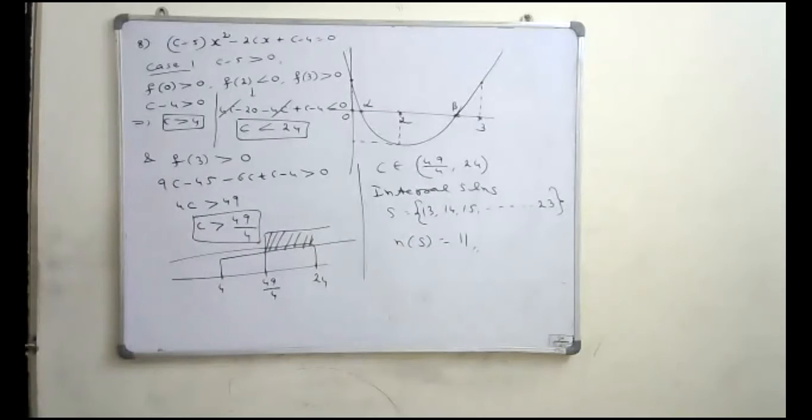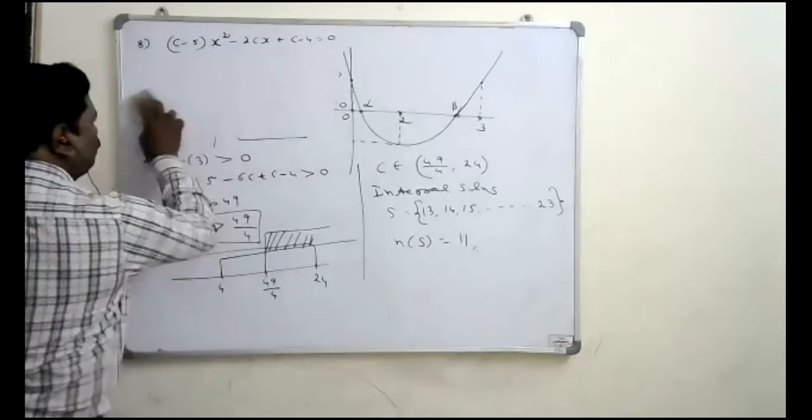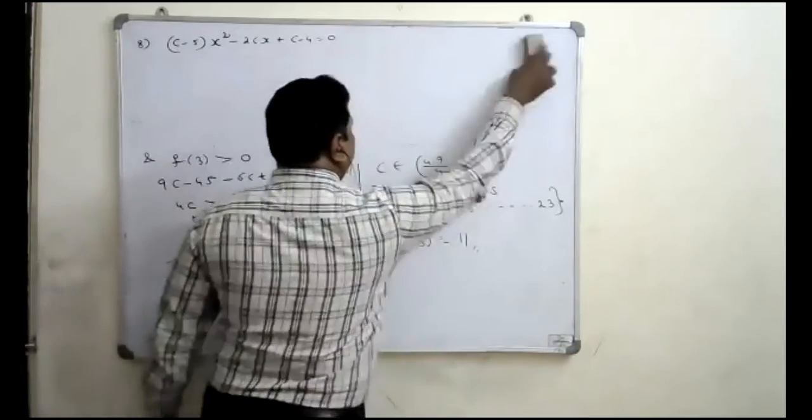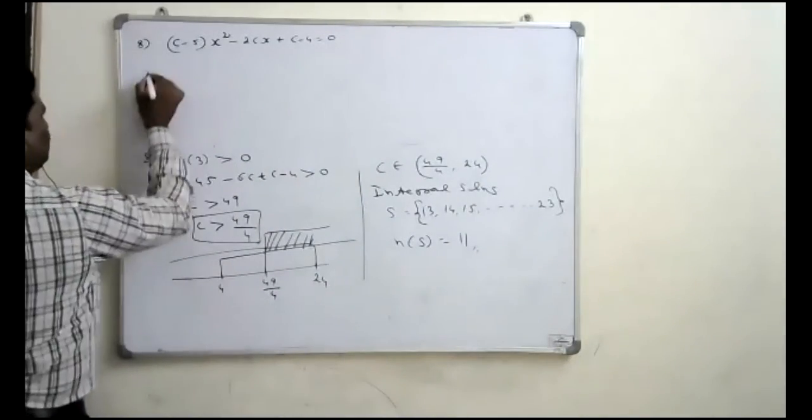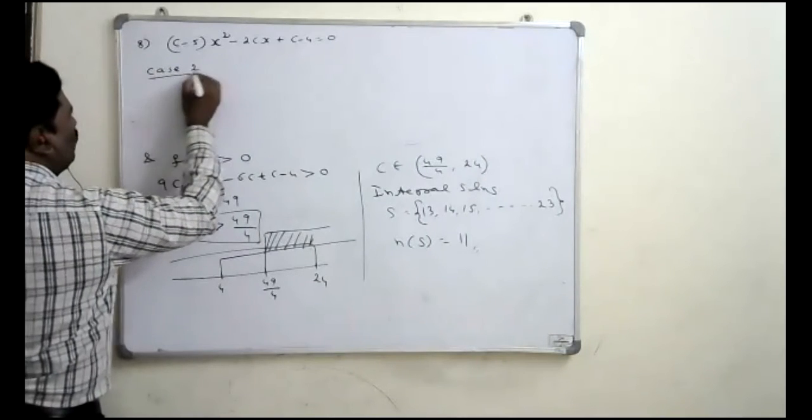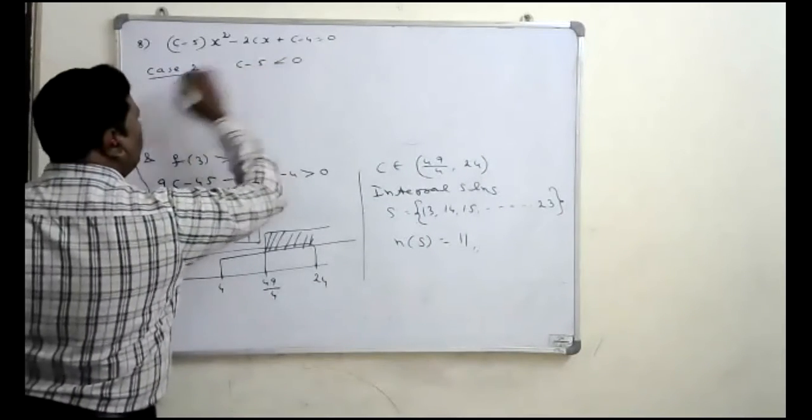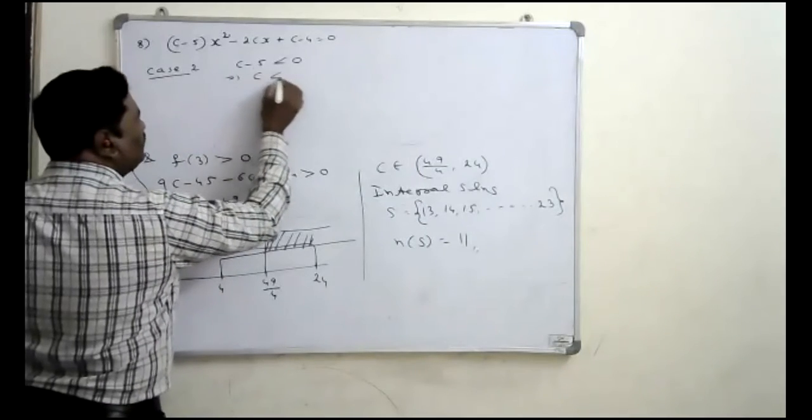Now look at case 2. Suppose the x square coefficient, that is c minus 5, has the negative sign, that implies c is less than 5.